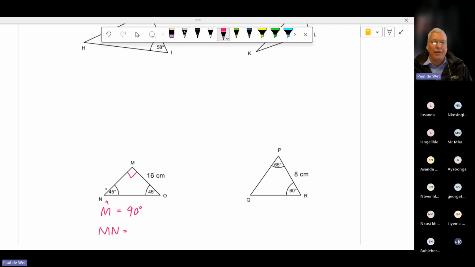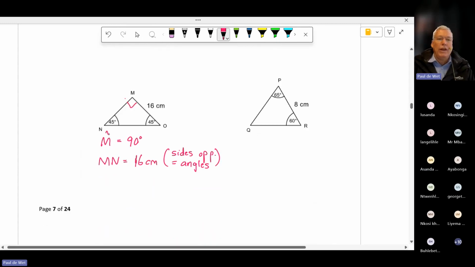It's equal to MO, guys. It's equal to 16 centimeters. The reason for this is these are sides opposite equal angles. This is what we call an isosceles triangle.